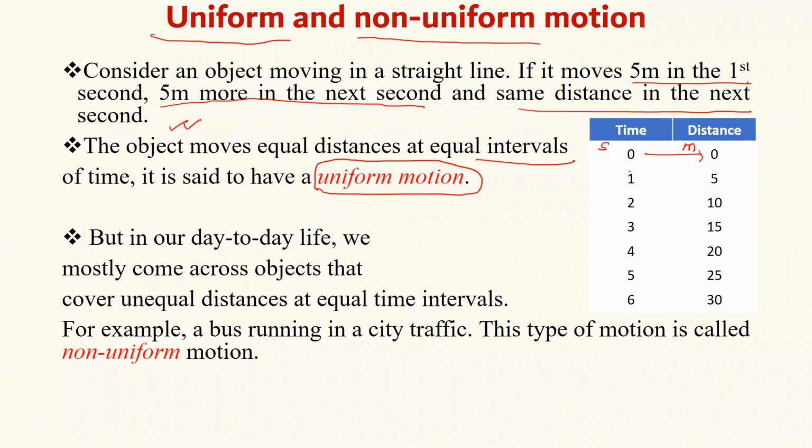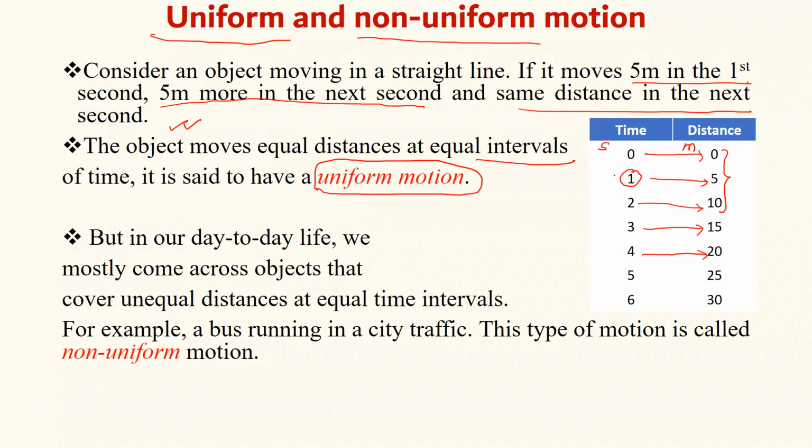In 1 second, it moves a distance of 5 meters. After 2 seconds, it has moved a distance of 10 meters, starting from 0. Then after 3 seconds, it has moved a distance of 15 meters from the beginning. After 4 seconds, it has moved 20 meters, then 25 meters, 30 meters, and so on.